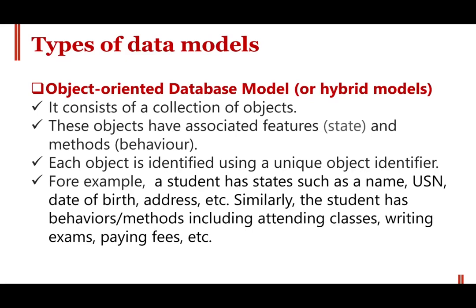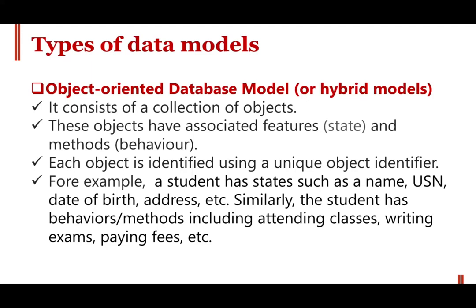Each object is identified using a unique object identifier. So again, it has a mix between the identifier characteristics of the hierarchy model and the relational model. So the object-oriented is a mix of hierarchy and the relational model as well.